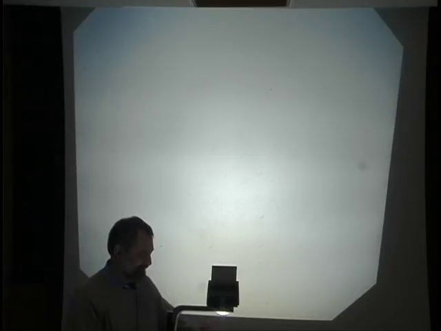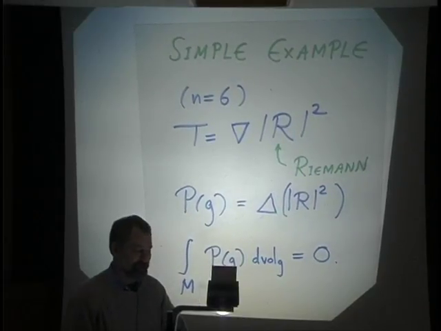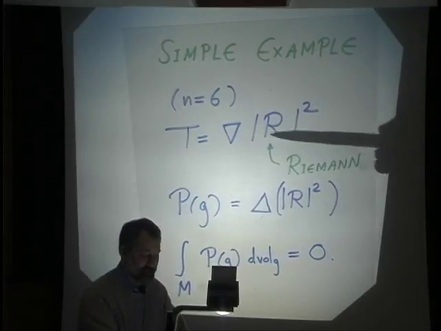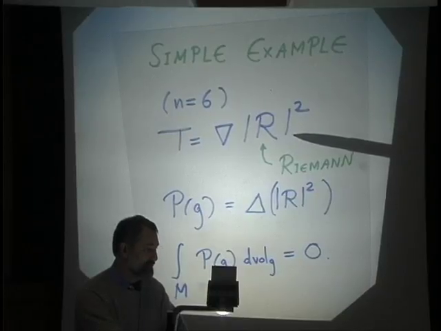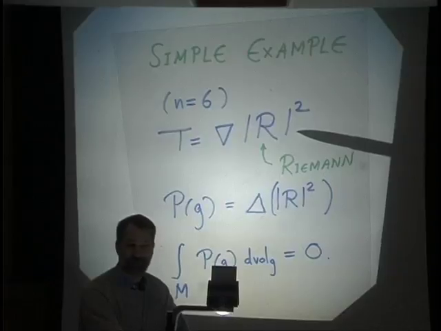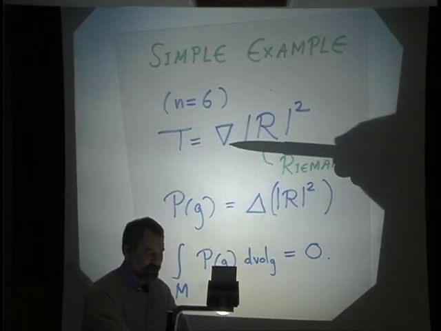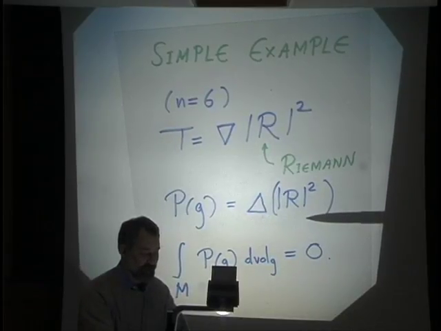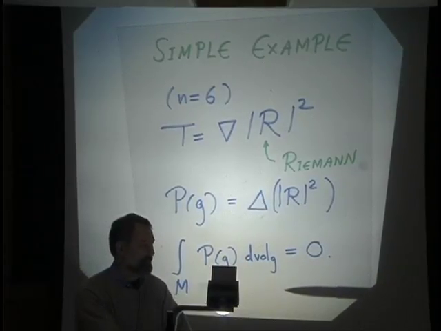Again, that's an abstract discussion. Let's give an example of the example. I picked one in dimension 6, more or less out of the hat. Let's say our tensor T is the gradient of the norm squared of the full curvature tensor. Of course, the full curvature tensor has no particular invariance under conformal rescalings of the metric, but nevertheless, the divergence of this tensor, which is the Laplacian of the norm squared of the curvature, obviously integrates to 0 because it's the Laplacian of something.